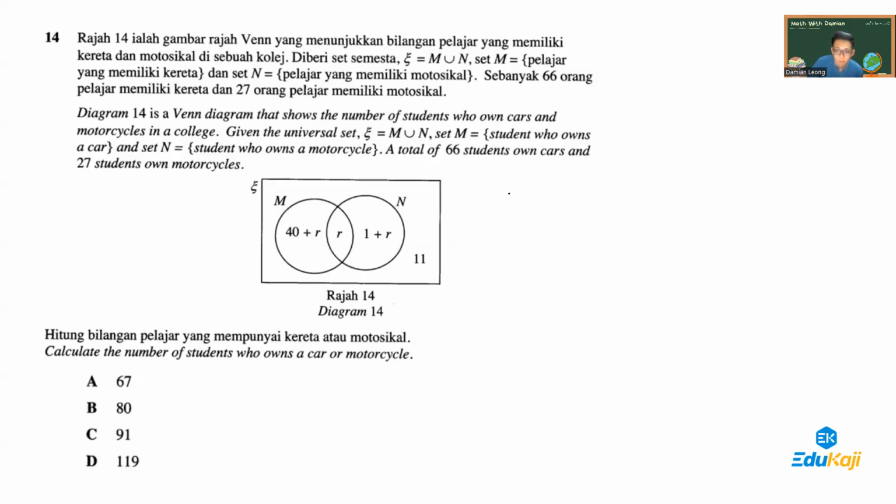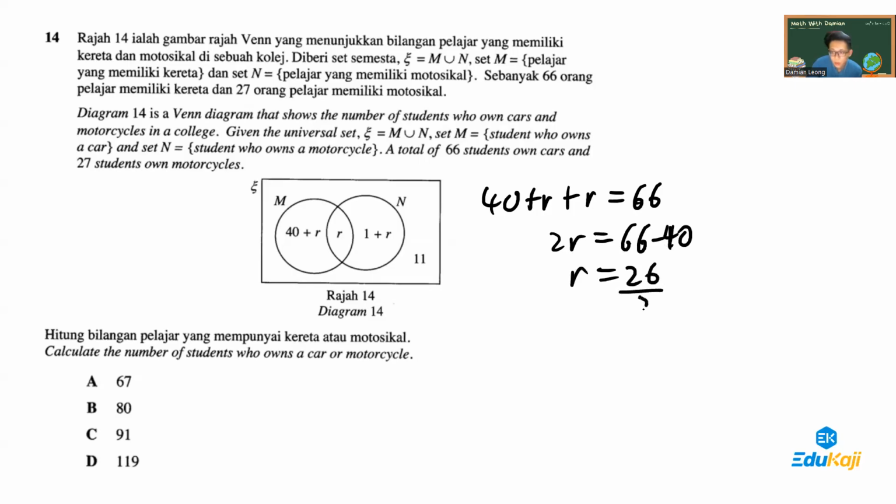So 40 plus R is 66. 2R is 66 minus 40. 26, times 2, opposite divide 2, I get 13.